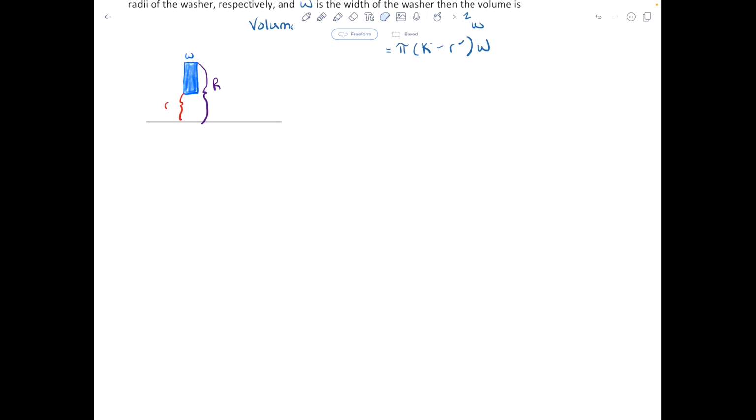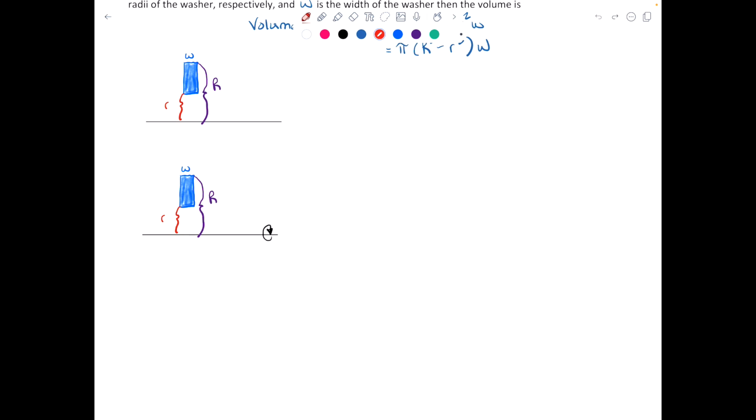And then we will have, once you rotate this, so we're rotating about this axis. So you've got this smaller r, right? That's rotating around.